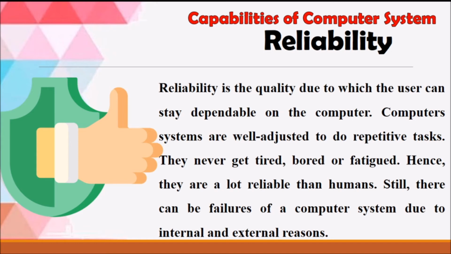Hence, they are a lot more reliable than humans. Still, there can be failures of a computer system due to internal and external reasons. Even so, people rely on computer systems and internet networks for their day-to-day activities.